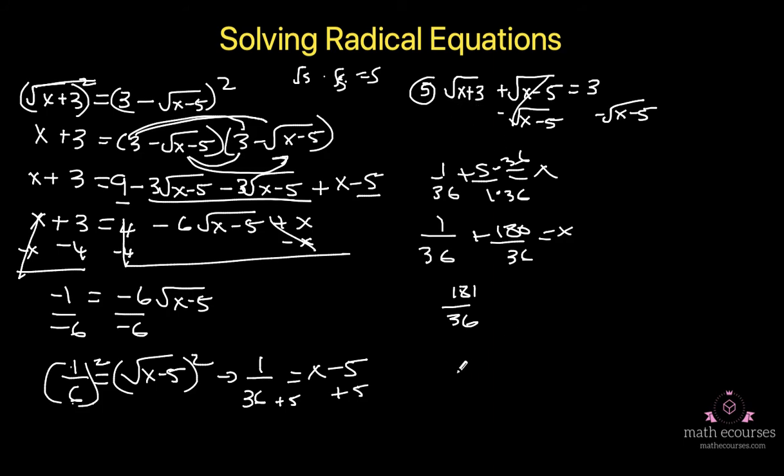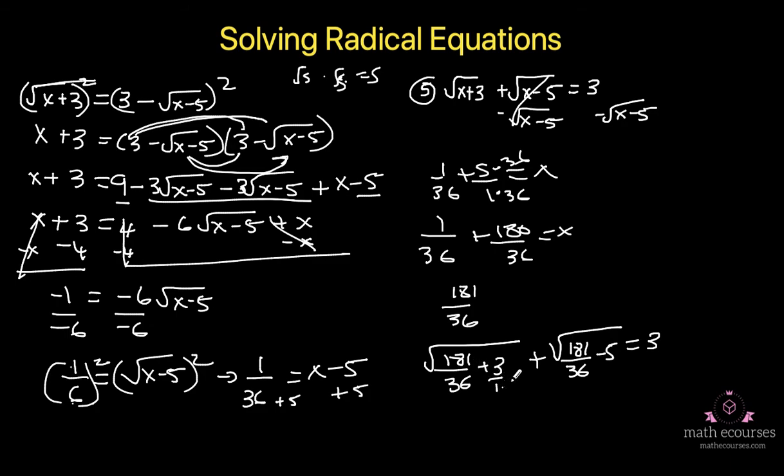Okay, so let's plug it in to see if it works. X is 181 over 36 plus 3. I'm just plugging it into the original equation. Okay, so now I have, okay, common denominator again.